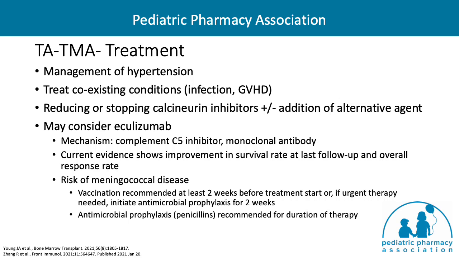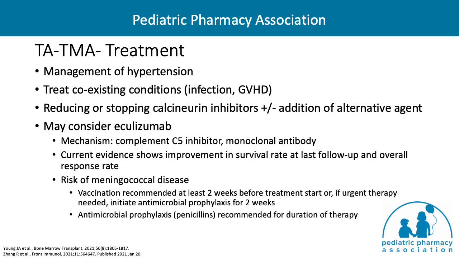Management of hypertension is an important step in the treatment of TA-TMA. ACE inhibitors and ARBs may be preferred because of the involvement of the renin-angiotensin system, but patients should be evaluated for kidney dysfunction, and if present, other agents like calcium channel blockers may be preferred instead.